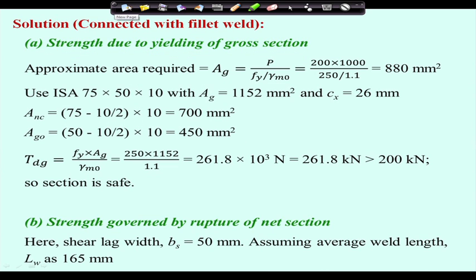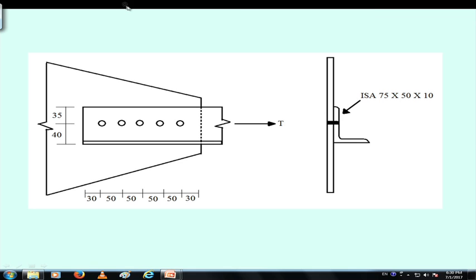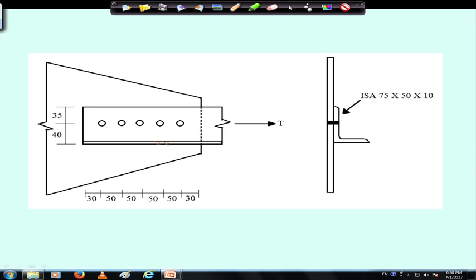So, here we see that this is a 75 by 50 by 10 angle section, and its longer length is connected to the gusset plate, and the distribution will be like this, that edge distance is 30 and pitch distance is 50, okay, and this distance is 40 and this is 35, right. So, this is how the bolts are placed in the angle section to connect the gusset plate.